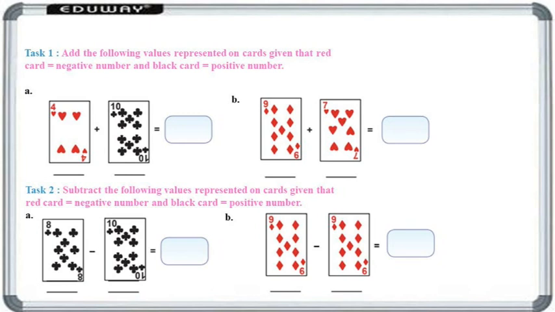Task 2: subtract the following values represented on the given cards, with red cards as negative numbers and black cards as positive numbers. Students, please complete that activity before the next week's TeleClass lesson.